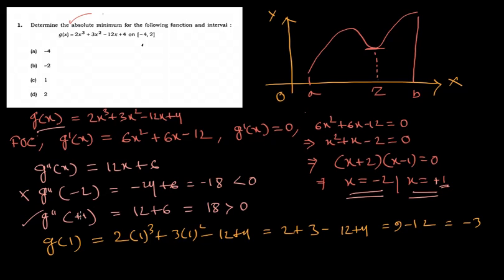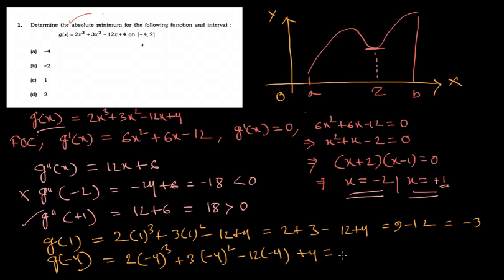Putting the value of minus 4 in our given function, g of minus 4 is equal to 2 into (minus 4) whole cube plus 3 into (minus 4) whole square minus 12 into minus 4 plus 4. Now just by calculating we get this value, and now you can realize that there is a more minimum point at minus 4.